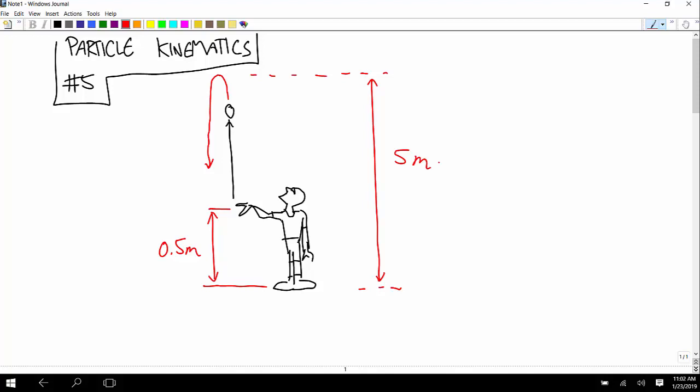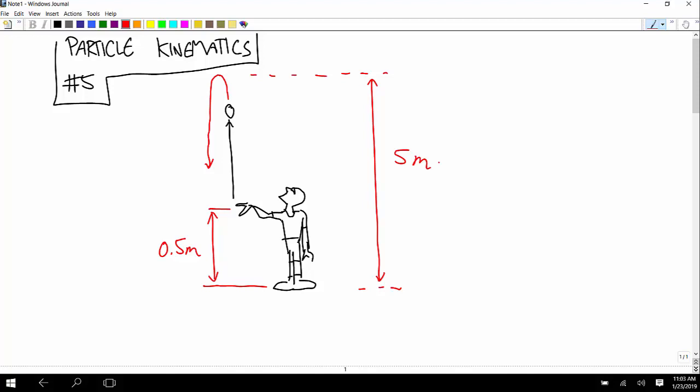And it asks for a few things. Maybe we'll go through this and see if anyone else is curious about it. The question is, what's the velocity of the ball at the instant that it's at 0.5 meters high on the way back down? So do you have to figure out the whole distance that it travels, or do you just use the position again at 0.5?